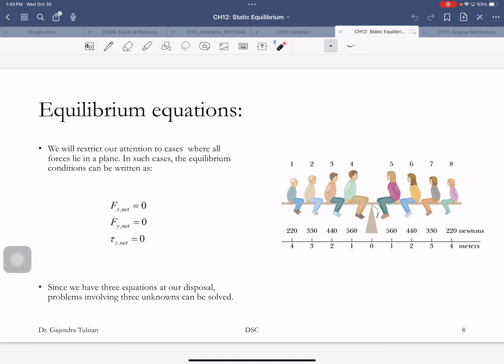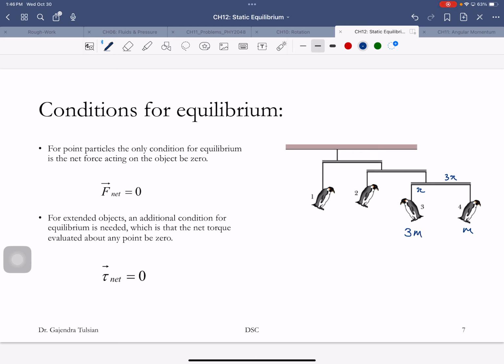So if you have just two guys, here's a big fella and a little fella, the lighter fella further out gives you the same torque. Okay, so just like that. So let's say this is x, this is 3x, and this would be m, this would be 3m.